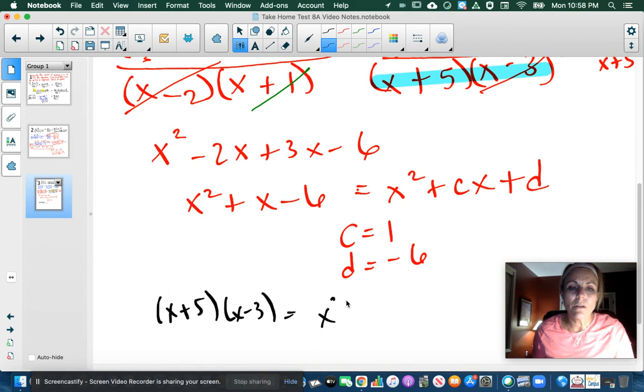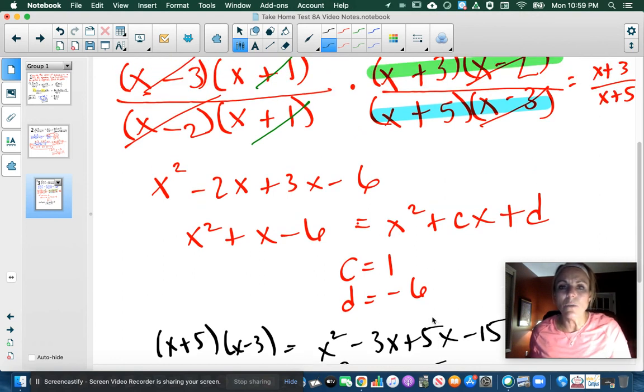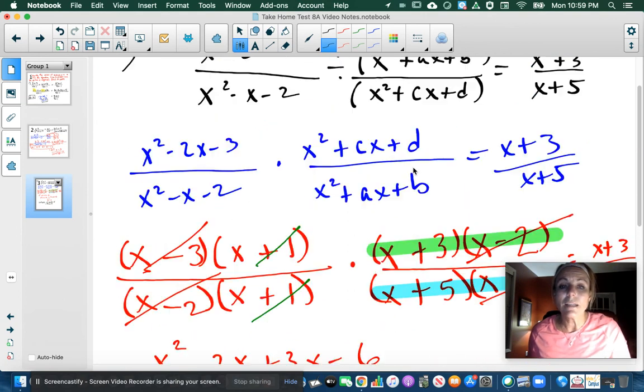X squared, outside is -3x, inside is 5x, minus 15. X squared plus 2x minus 15. All right, that has to equal x squared plus ax plus b.